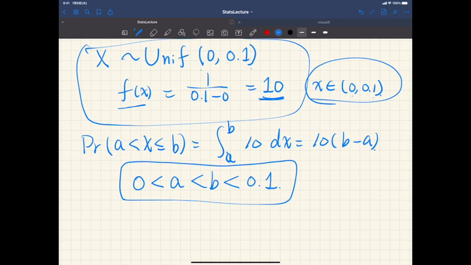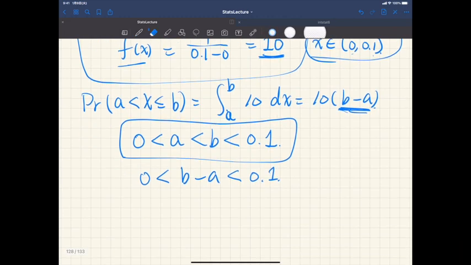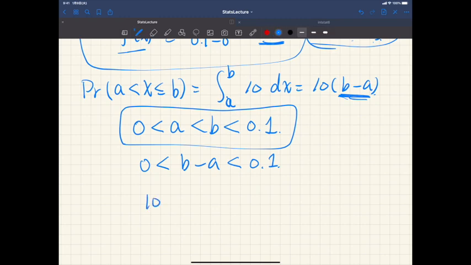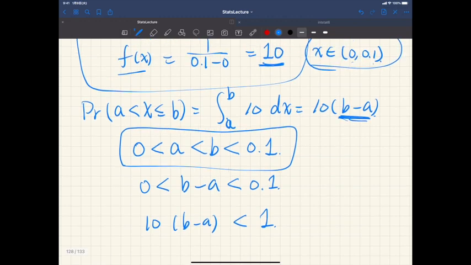That means b minus a, that appears here, is always greater than 0 but less than 0.1. So that means 10 times b minus a is less than 1. So this is okay. It can satisfy axiom 1 of the probability measure. And of course it satisfies the other axioms.